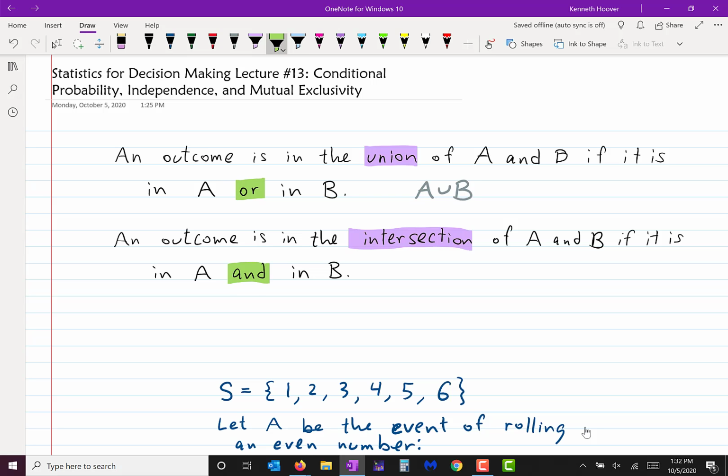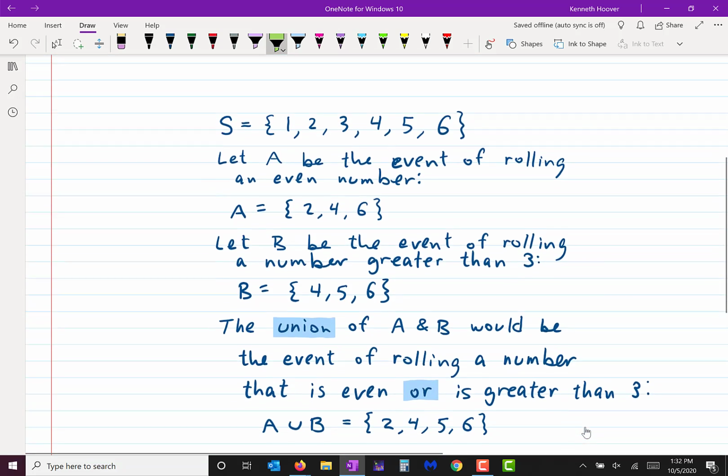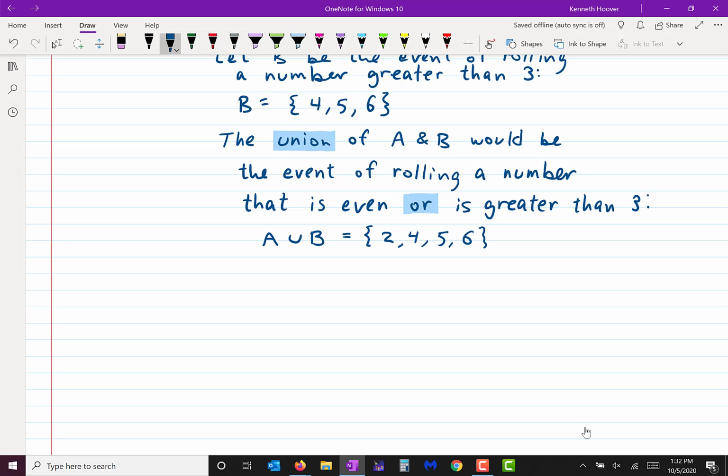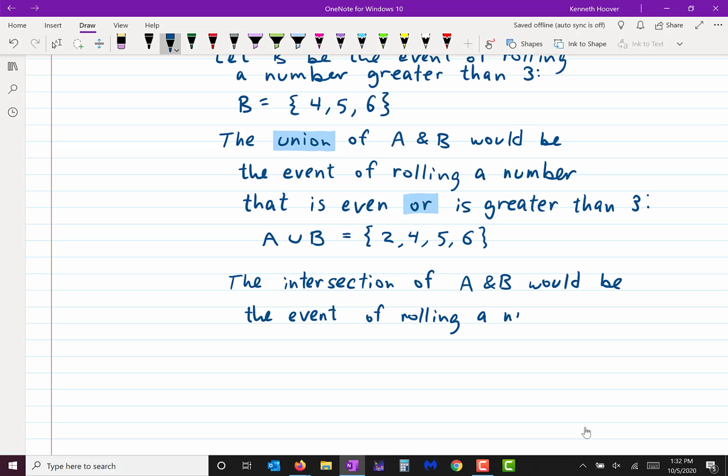So let's look back at our example here, and let's write down what would be the intersection of A and B. And that would be the event of rolling a number that is even and greater than 3.